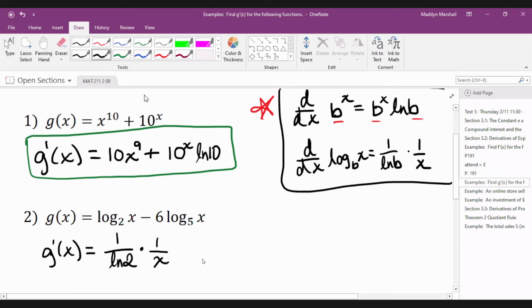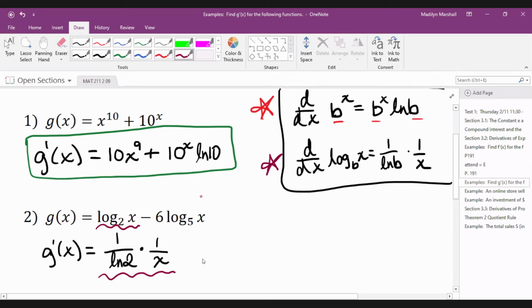Yes, exactly. So log base 2 of x is this log rule where b is now 2, our base. So that log base 2 of x turns into this whole 1 over ln 2 times 1 over x. That's the simplified version.